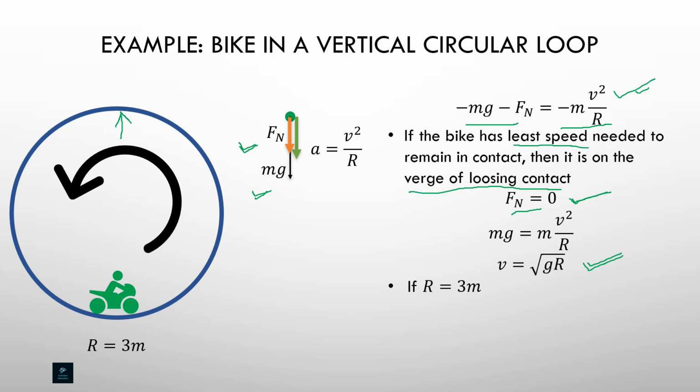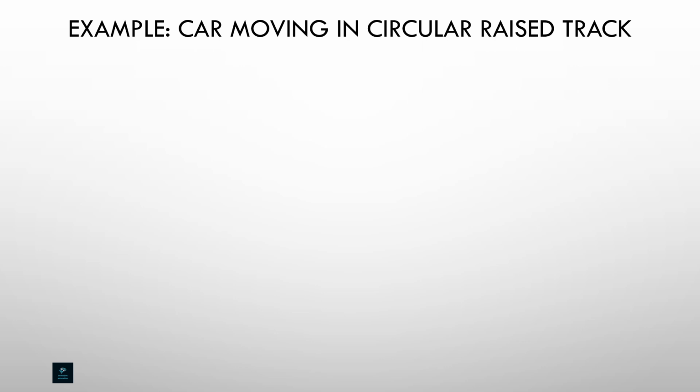Now r is 3 meters. Putting the values of r and g, we get v equals square root of 9.8 times 3, which comes out to be 5.4 meters per second. So the biker has to keep the speed of the bike at a minimum of 5.4 meters per second at the topmost position so that it doesn't fall.